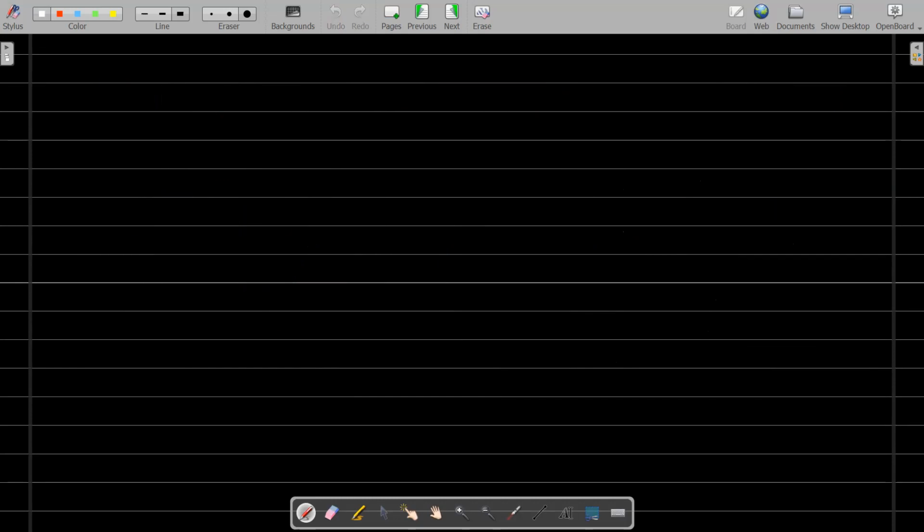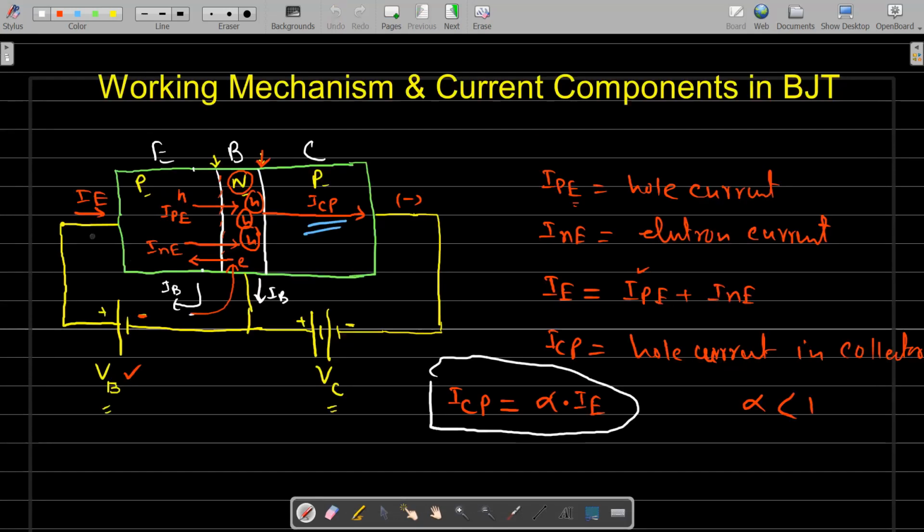Another interesting thing you can check. This is our collector current IC. If you look at the collector, emitter and base terminals and apply KCL, the incoming current is IE and the outgoing part is base current IB and collector current IC.